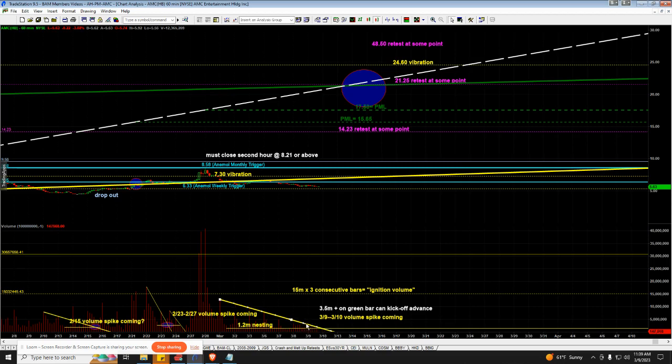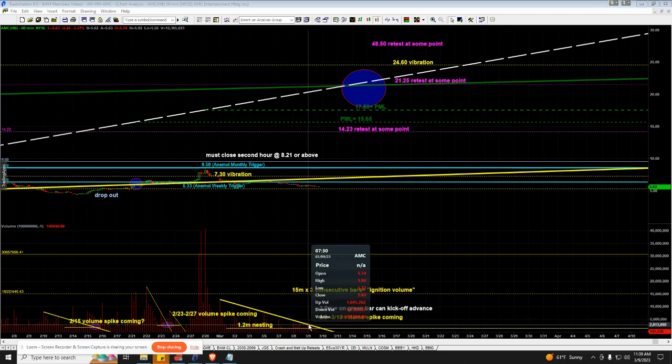And what I want to do is look for a spiking volume bar that's a red bar. And so you can see where if I move back to the opening bar this morning, I'm on the West Coast, so this is the 6:30 to 7:30 in the morning trading bar. And you can see that this was a red bar.